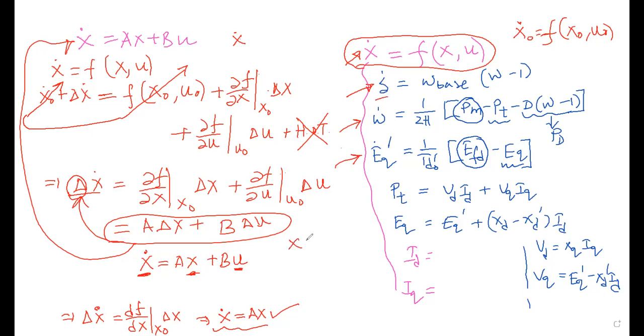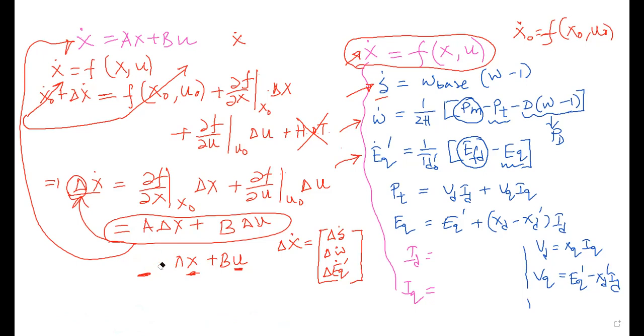In this case, your del x dot would be del delta dot, del omega dot, and del Eq prime dot. So this would be your state vector, derivative of the state vector on the left hand side. If I want to express the x vector, what is del x actually?